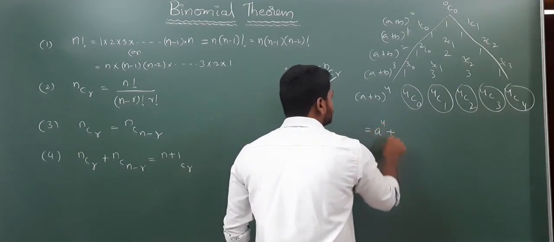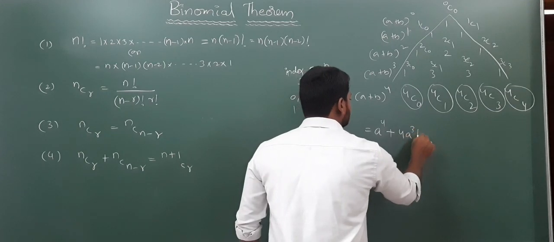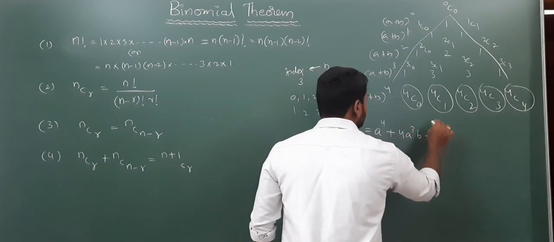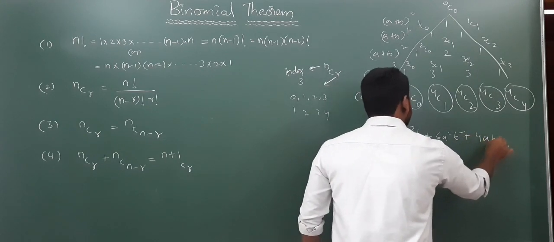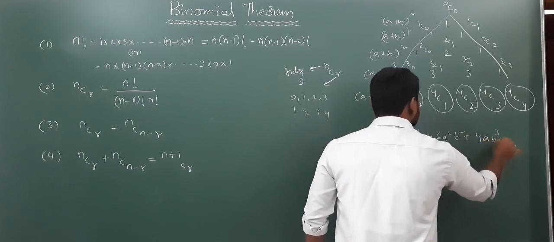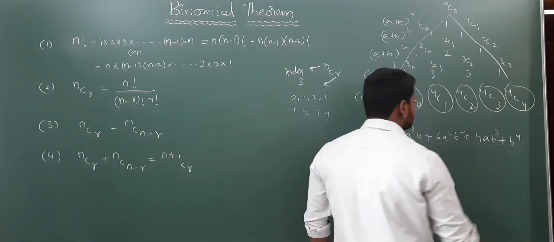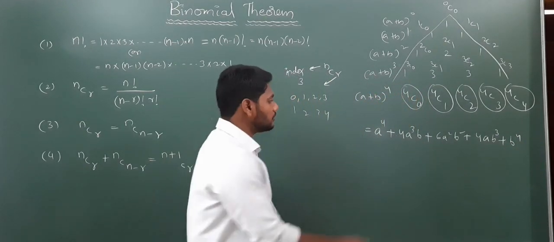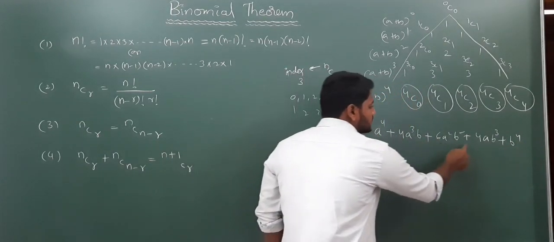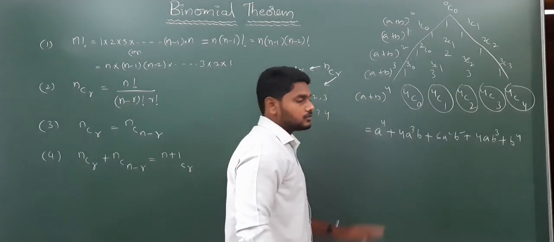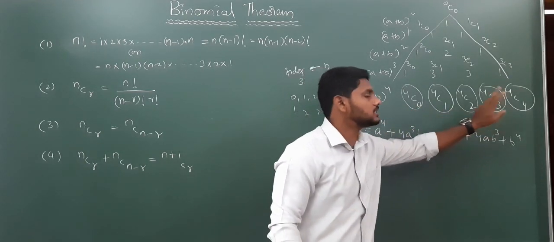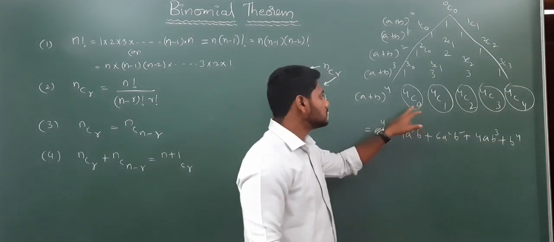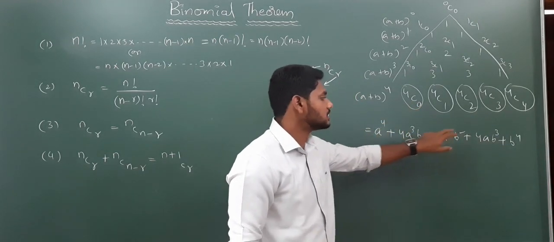That is a power 4 plus 4a cube b plus 6a square b square plus 4ab cube plus b power 4. So this is the formula. In that formula, the coefficients are 1, 4, 6, 4, 1. So those are also equal to 4c0, 4c1, 4c2, 4c3, 4c4. So those values are 1, 4, 6, 4, 1.